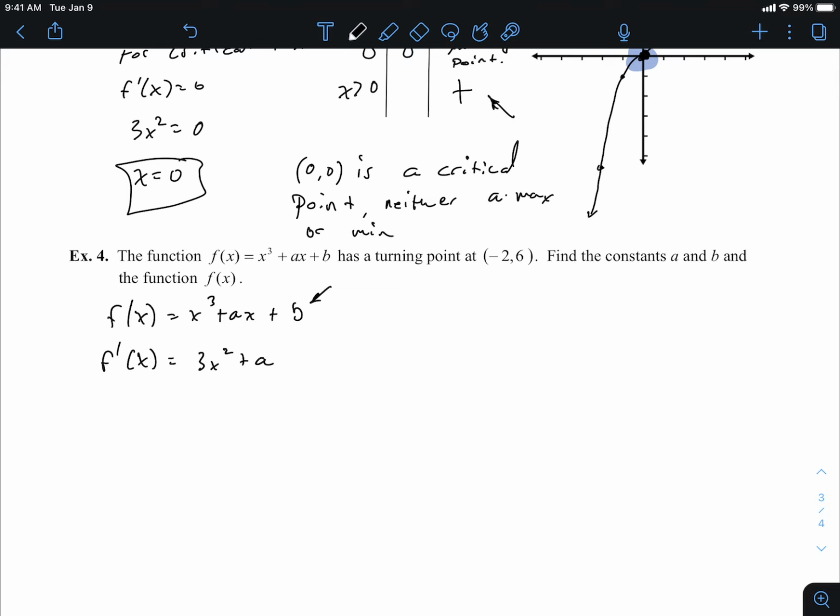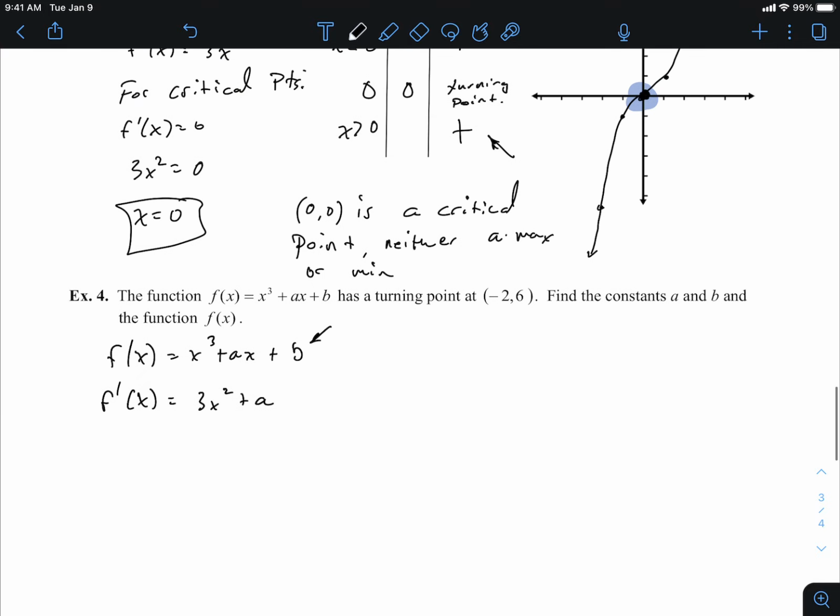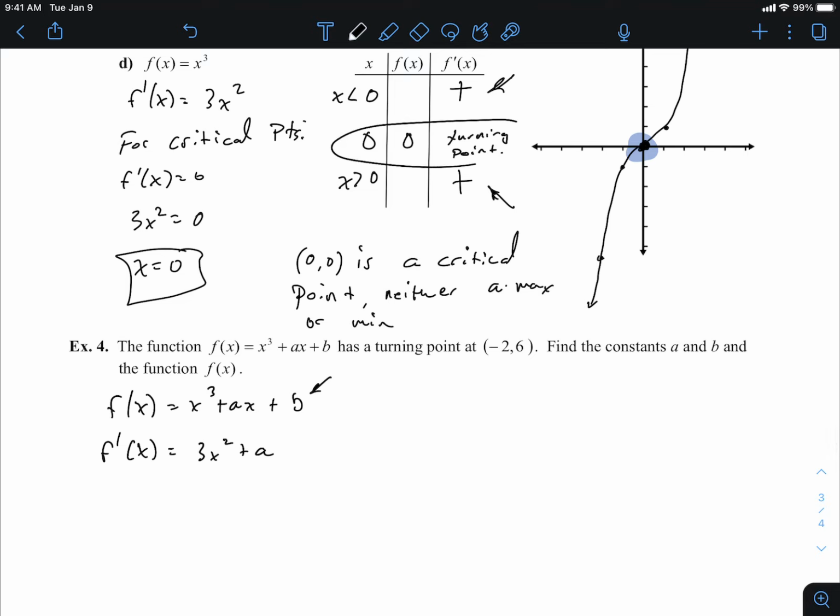We know that, like we saw up top here, (0, 0) is what we call a turning point. We identified the fact that it was an important value, but it was neither a maximum nor a minimum.